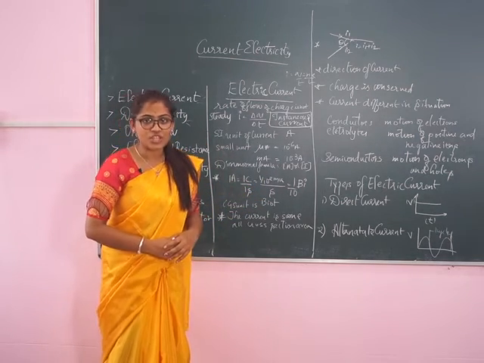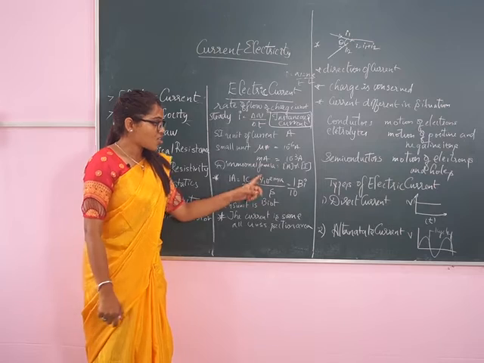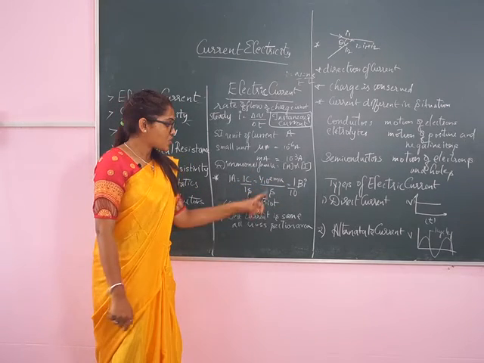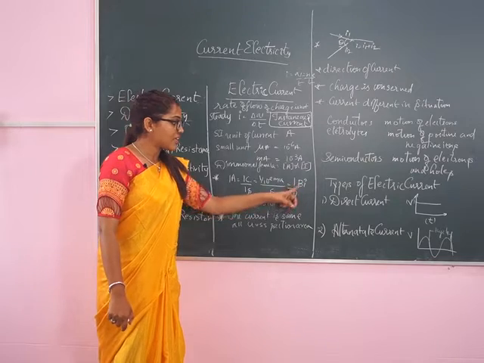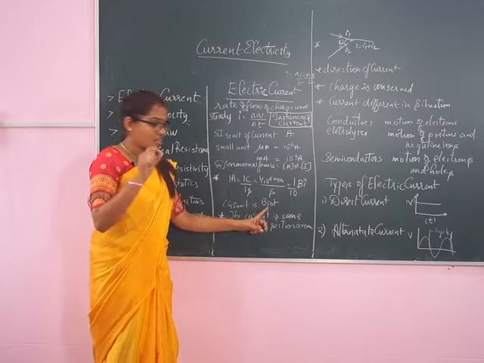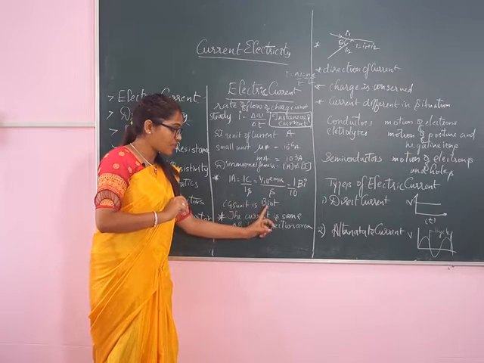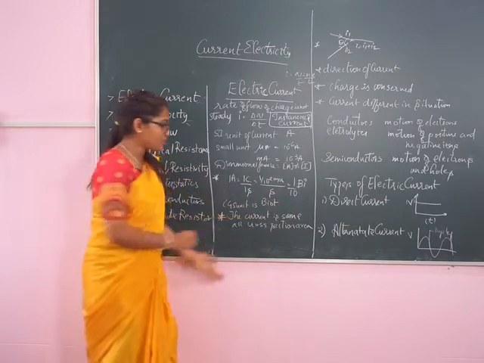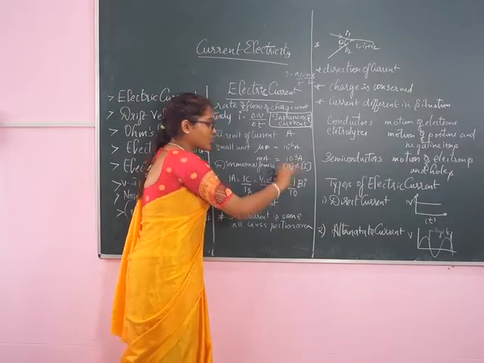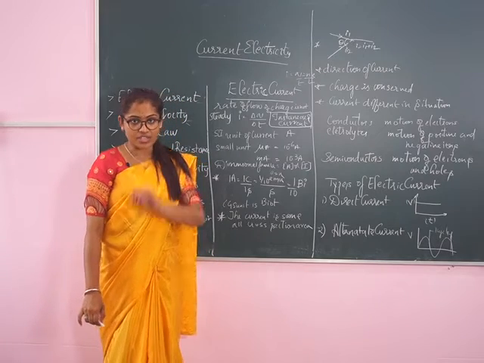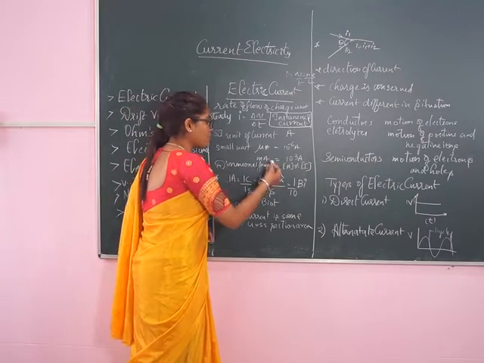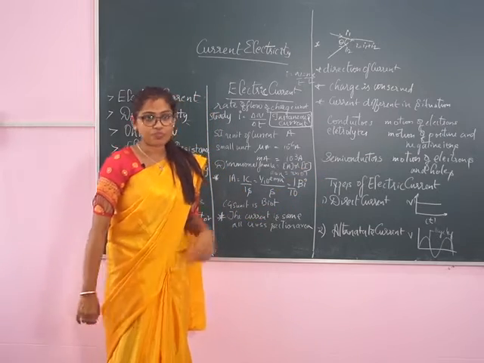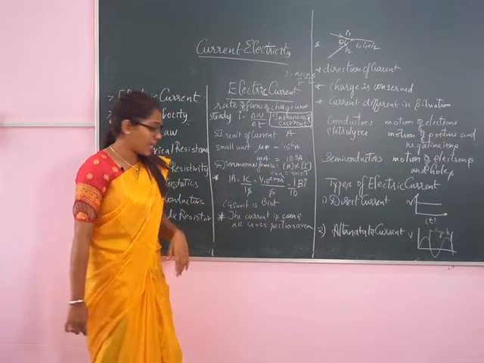Now I want it in terms of CGS unit, so I have written 1 by 10 of electromagnetic unit, which is called the biot. Now we have one more unit, that is ESU, electrostatic unit, which is equal to 3 into 10 to the power of 9.